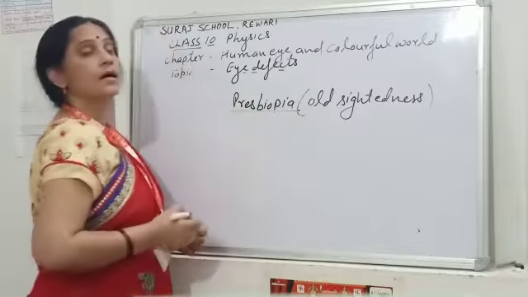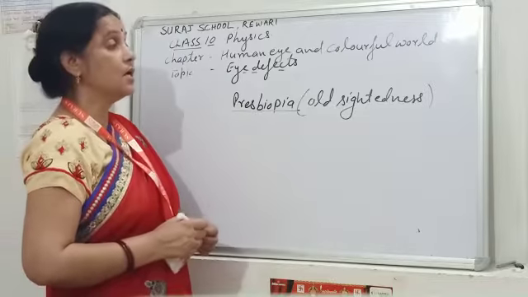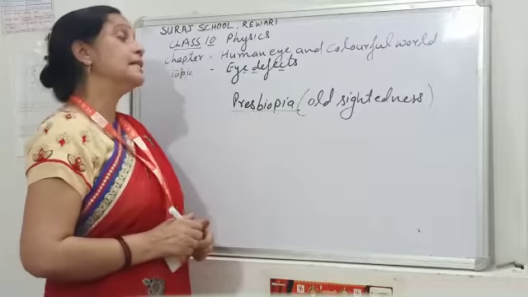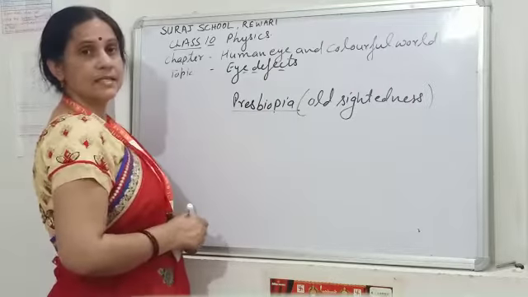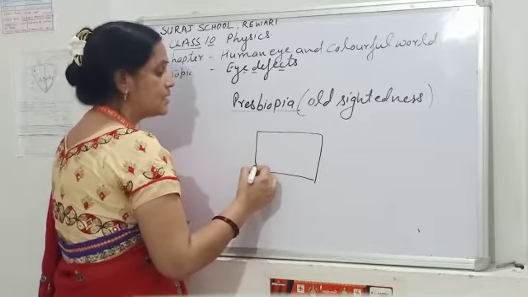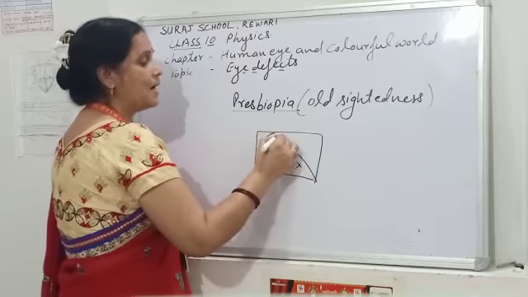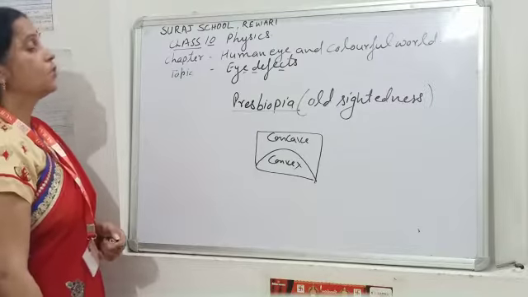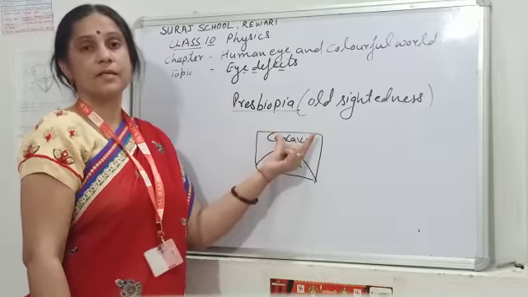In presbyopia, a person suffers from myopia as well as hypermetropia, means could not see nearby objects clearly as well as far objects clearly. So in the correction of presbyopia, a person uses a bifocal lens, in which at the lower side a convex lens is used and at the upper side a concave lens is used, so that the person can see nearby objects clearly as well as far objects clearly.